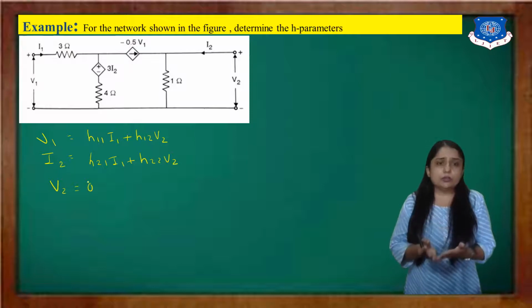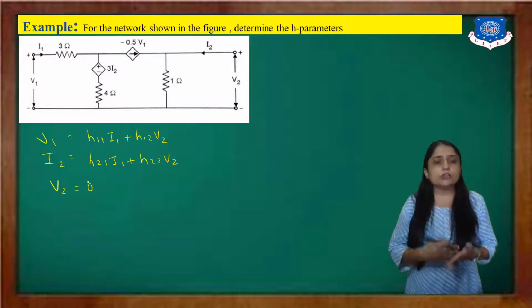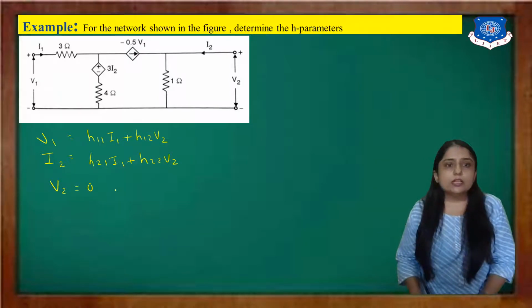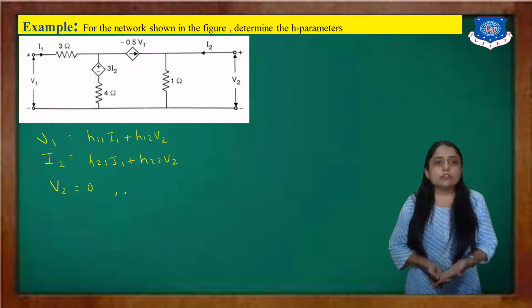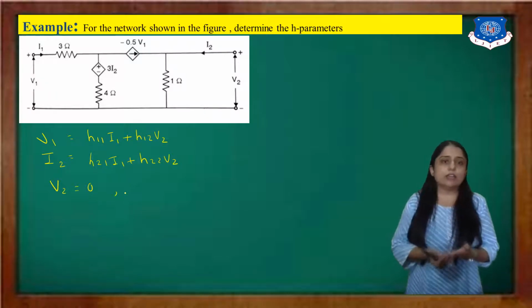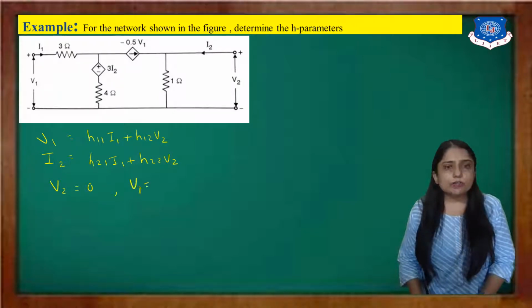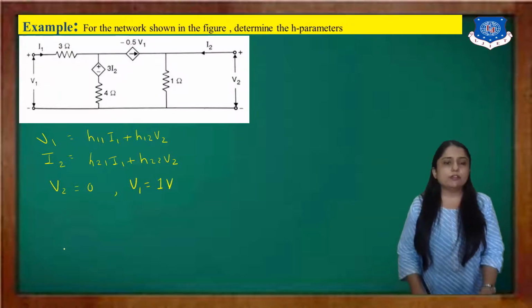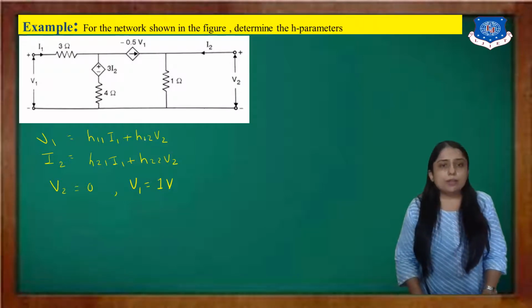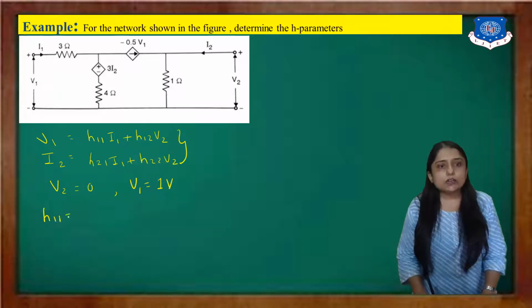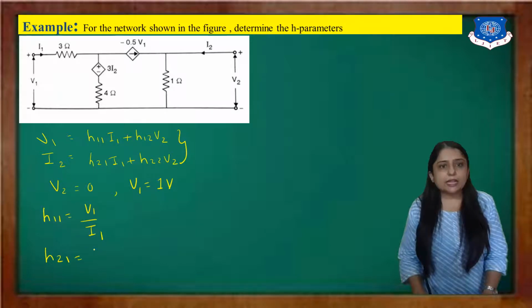In theory we considered that equal to Vs, but here we are considering the value of Vs equal to 1 volt. So when V2 equals 0, my V1 value will become 1 volt. If I put V2 equal to 0 in these two equations, then H11 will become V1 by I1 and H21 will become I2 by I1.